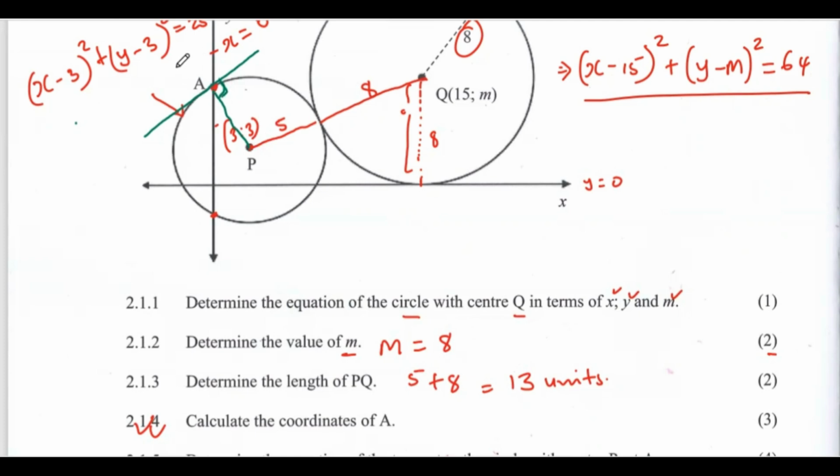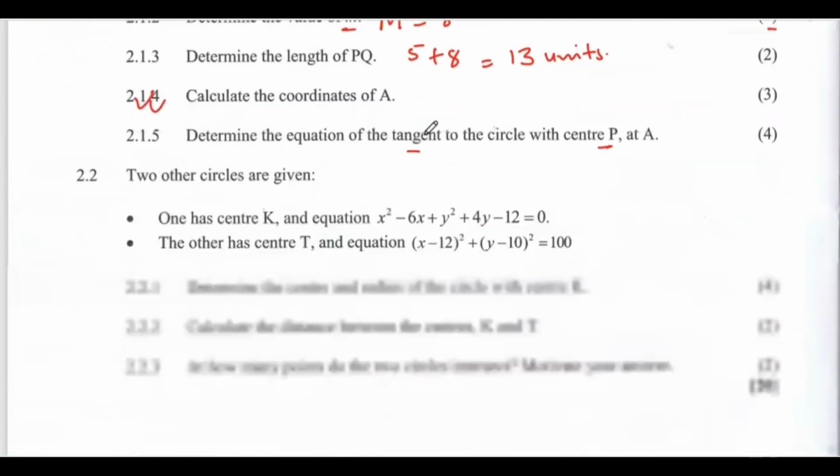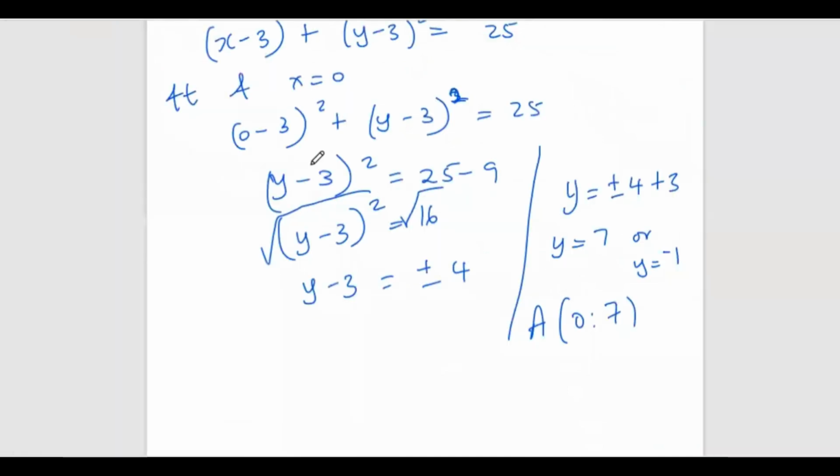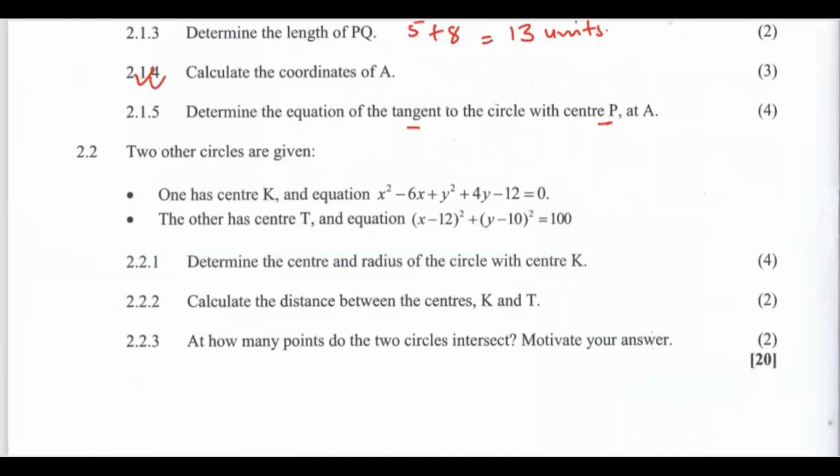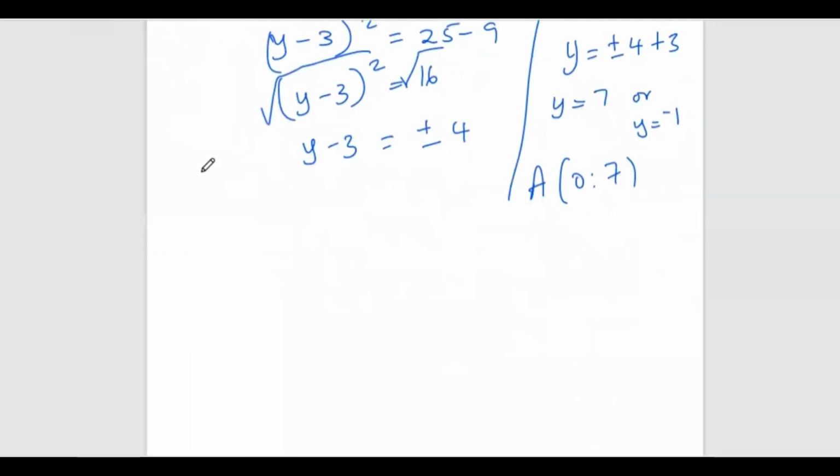So since we have our coordinates of A, which is (0; 7), we can get the gradient of PA. This is question number 2.1.5.